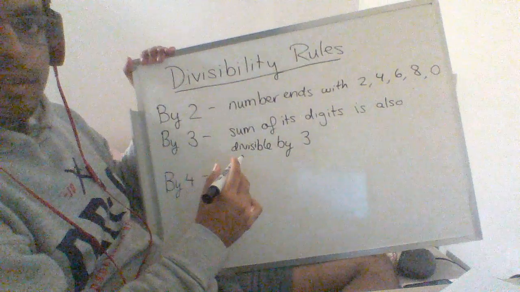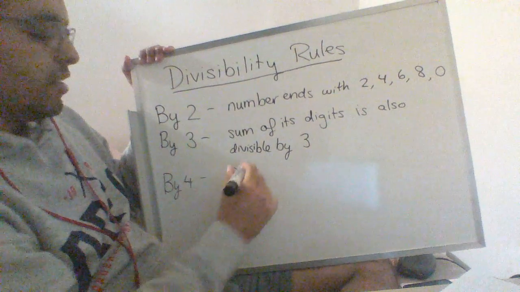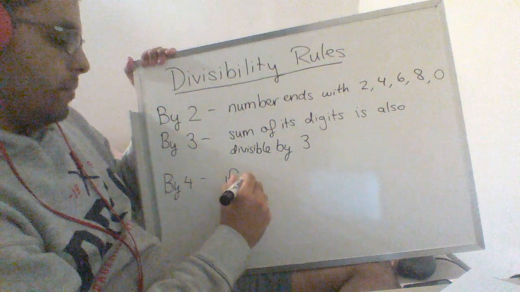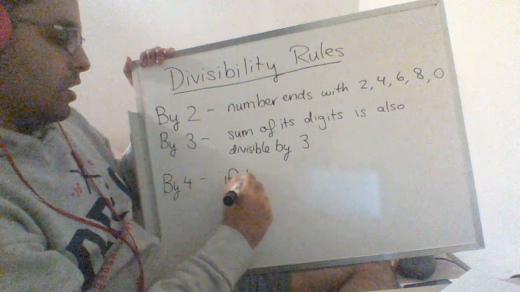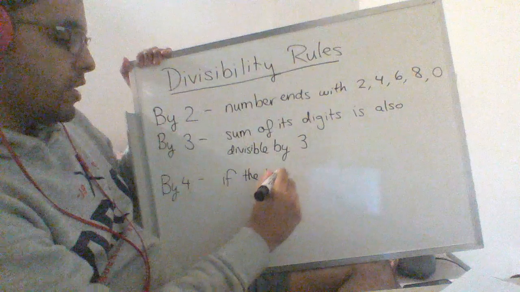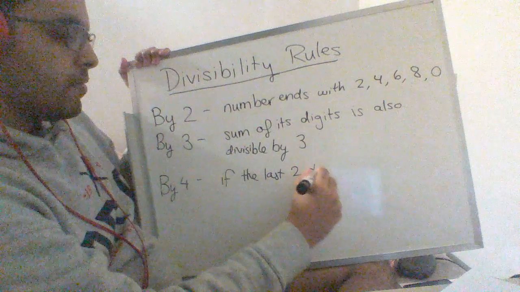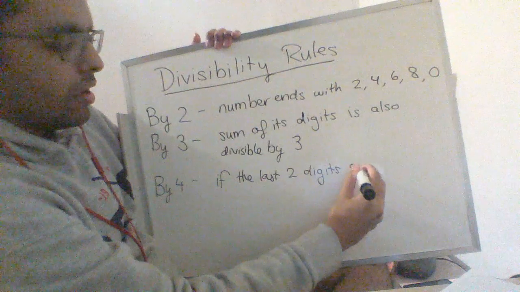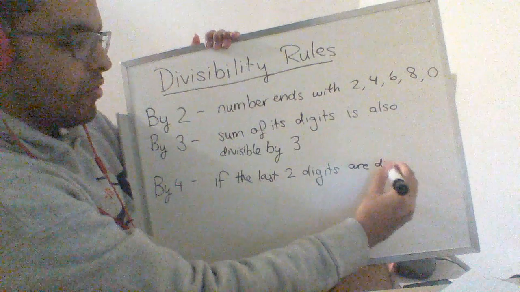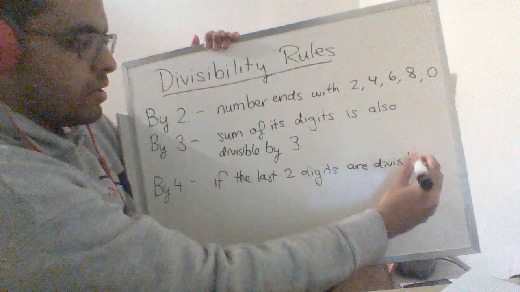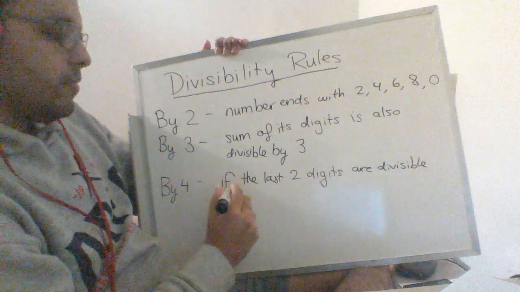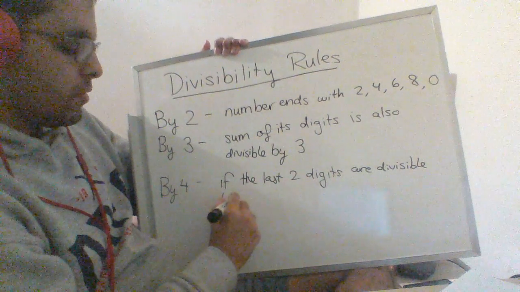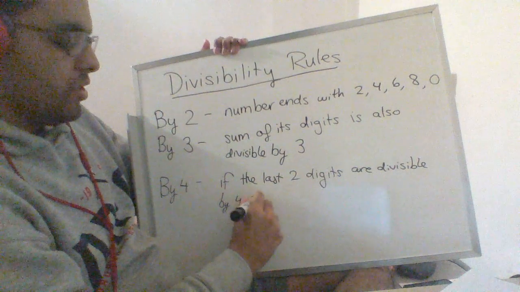I don't really like it best in this way because it doesn't make complete sense in words. But if the last 2 digits of the number are divisible by 4, then the whole number is divisible by 4.